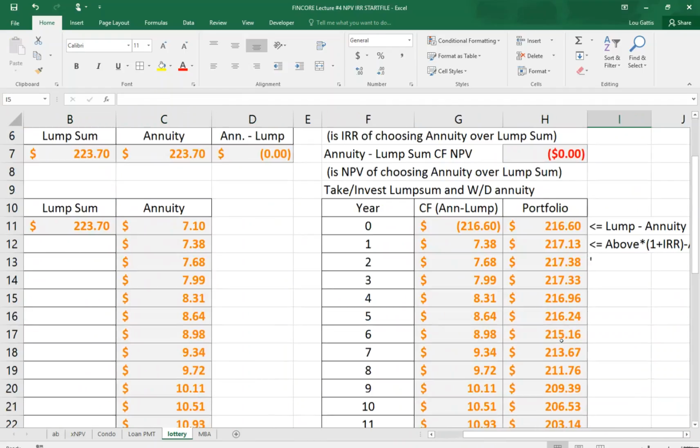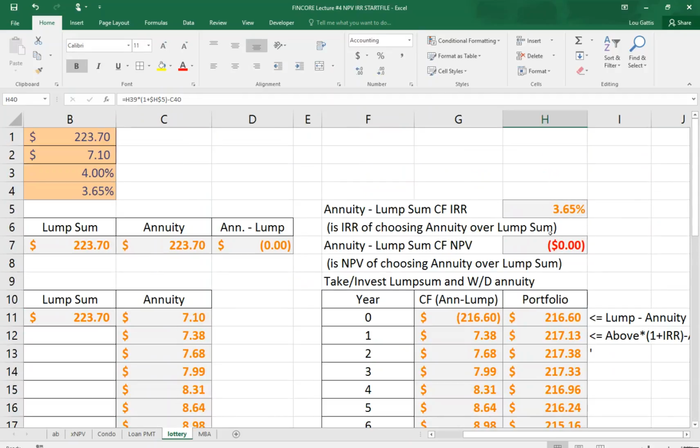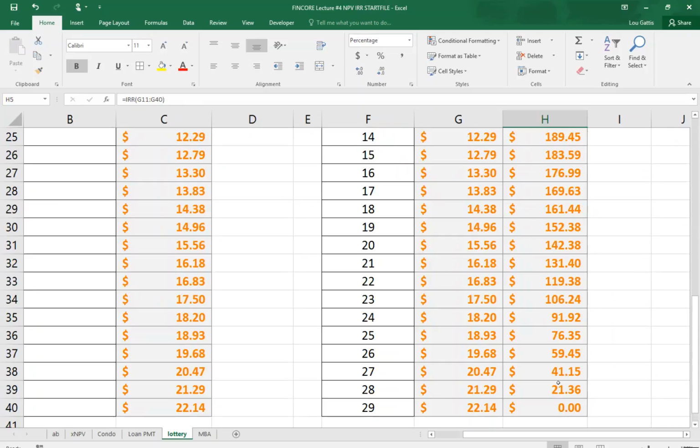And notice what happens to my portfolio. It is perfectly set up such that my last withdrawal is exactly equal to what I had in my account at the end of the year. So what this means is if I can invest at 3.65 risk-free, I would be indifferent between the lump sum or the annuity.